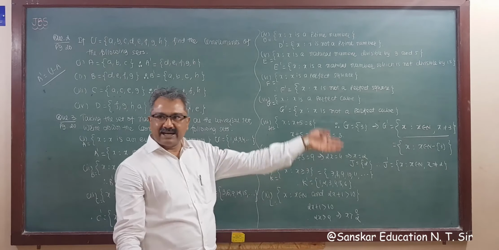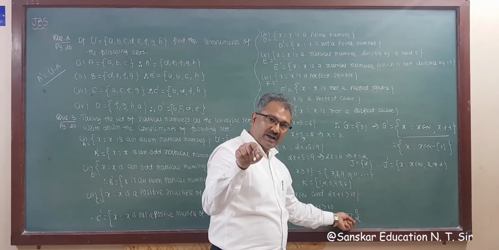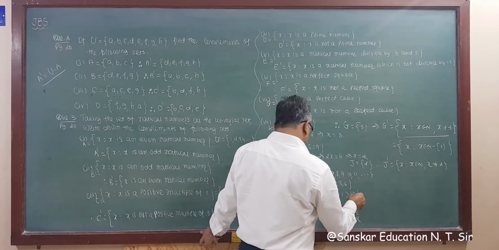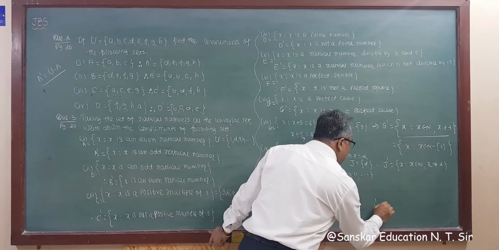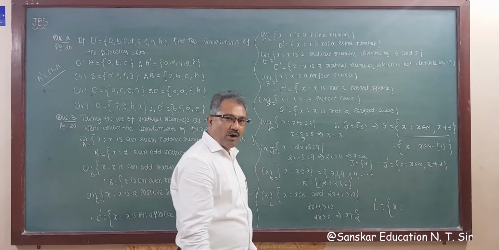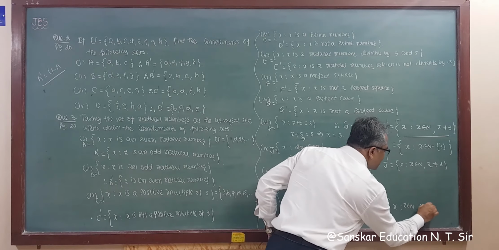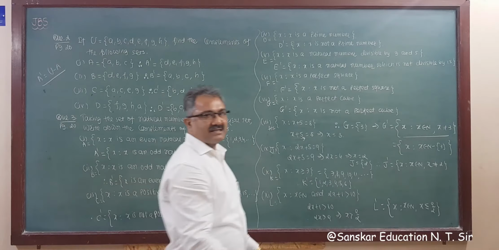So all the numbers which are less than or equal to 9 by 2 are the complement of the set. So your answer, L dash is equal to x, where x belongs to N, and x is less than or equal to 9 by 2. So this is your answer, right?